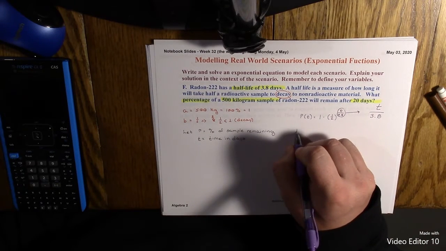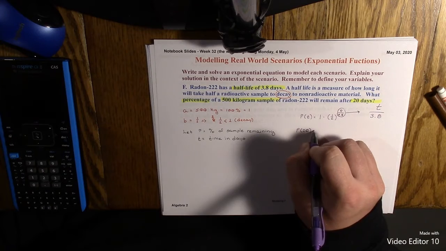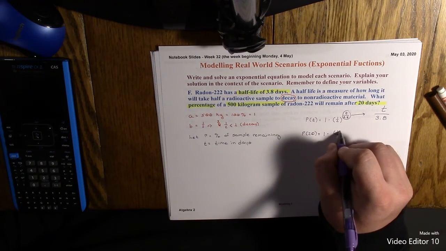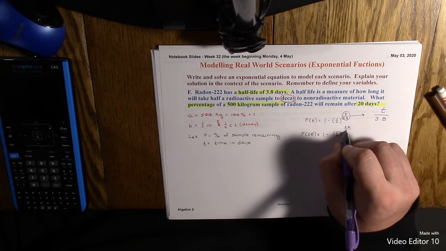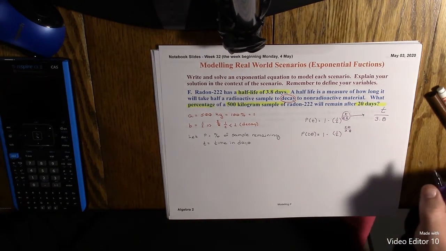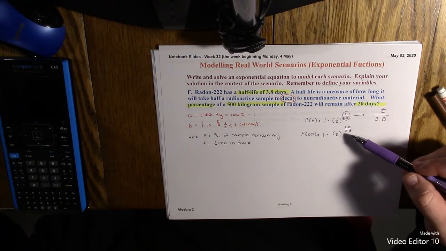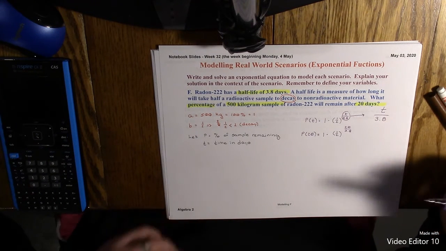So we are looking for P of 20, which is going to be 1 times 1/2 to the power of 20 divided by 3.8. Now be careful typing this into the calculator. Remember, we need the 20 divided by 3.8 to be completely in the exponent, so make sure you put that in parentheses when you attach it as an exponent.